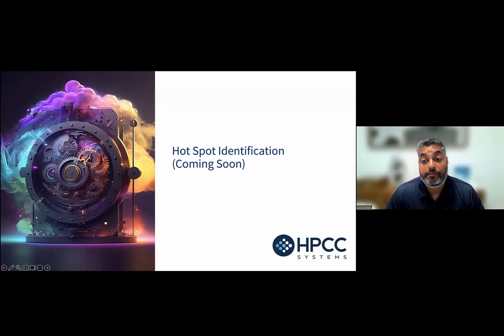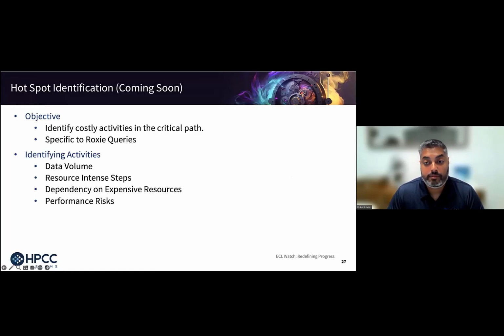And now on to our final portion of the presentation, a coming soon feature, hotspot identification. When hotspot identification does go live, our outlook is that we are able to identify the critical path, enabling us to strategically allocate the resources and optimize the budget for utilization.